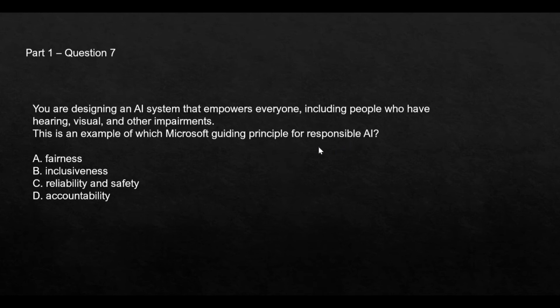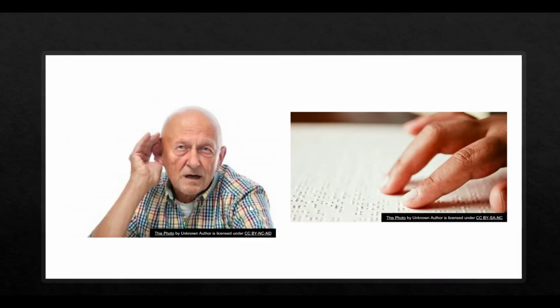But in this case, we are not talking about accountability. Here we are talking about inclusiveness. Why? Because we want this gentleman here who has a hearing impairment to be able to use AI based apps, as well as this child here who has a vision impairment to still be able to use your AI based app.